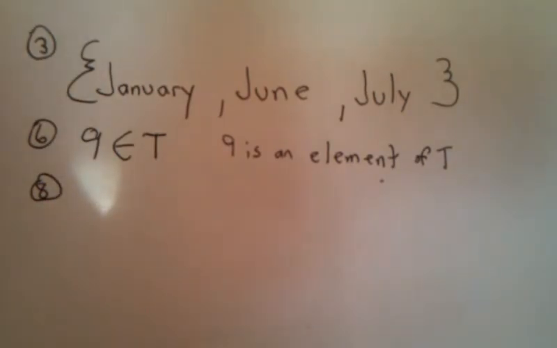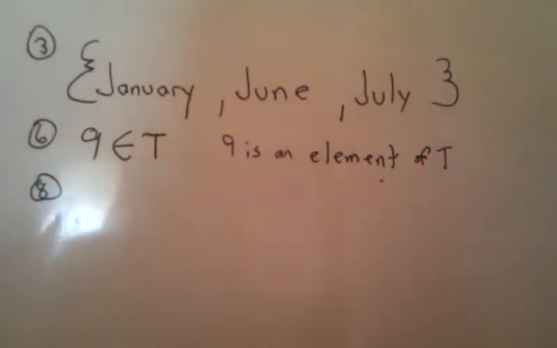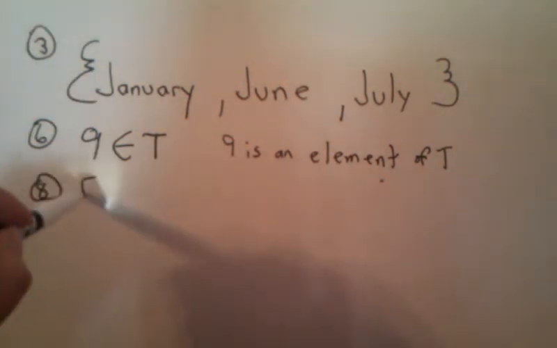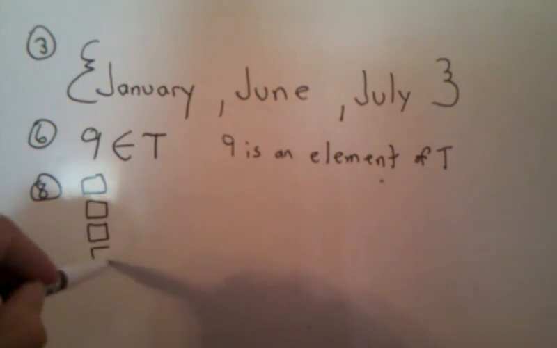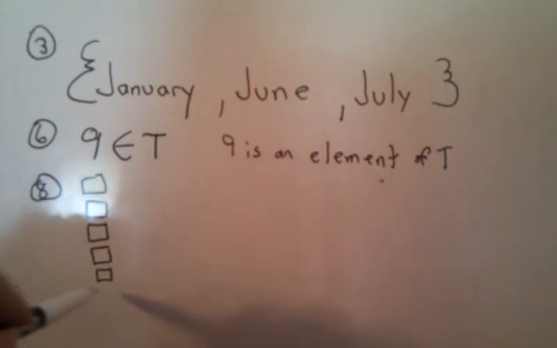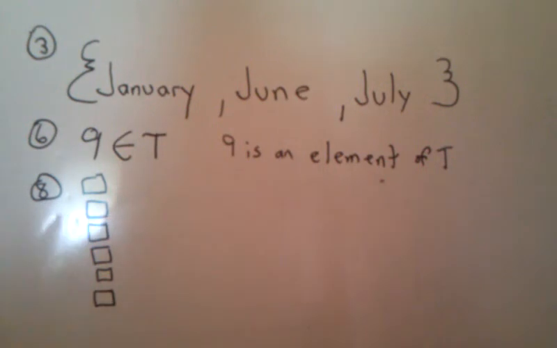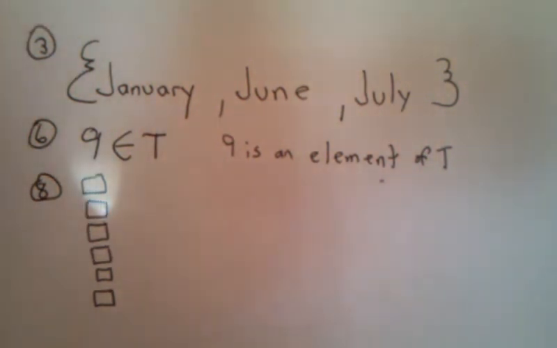Okay. It gives you 6 boxes. 1, 2, 3, 4, 5, 6. Okay, there's 6 boxes. And it wants you to check each box that is true about finite sets. Okay? Are you ready?